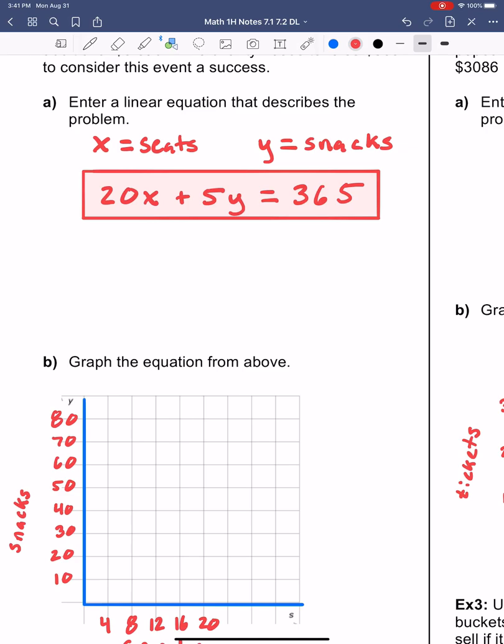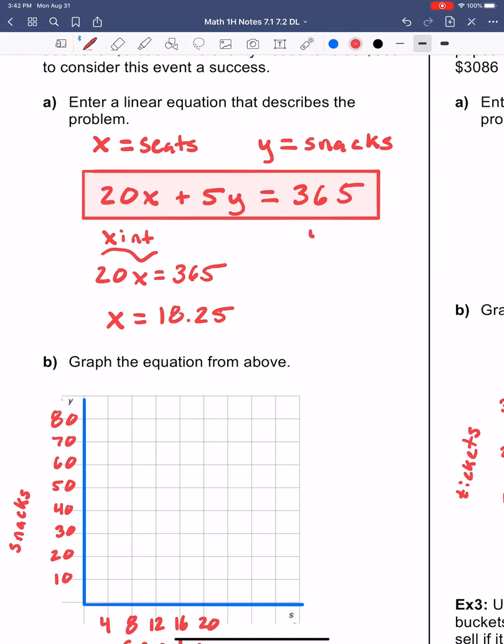First I'm going to solve for the x-intercept. That means the y term is going to disappear because I'm plugging in 0 for y. To find the x-intercept, it's going to leave me 20x equals 365. I just took the x term and set it equal to our grand total, and I'm going to divide both sides by 20, and I get x equals 18.25.